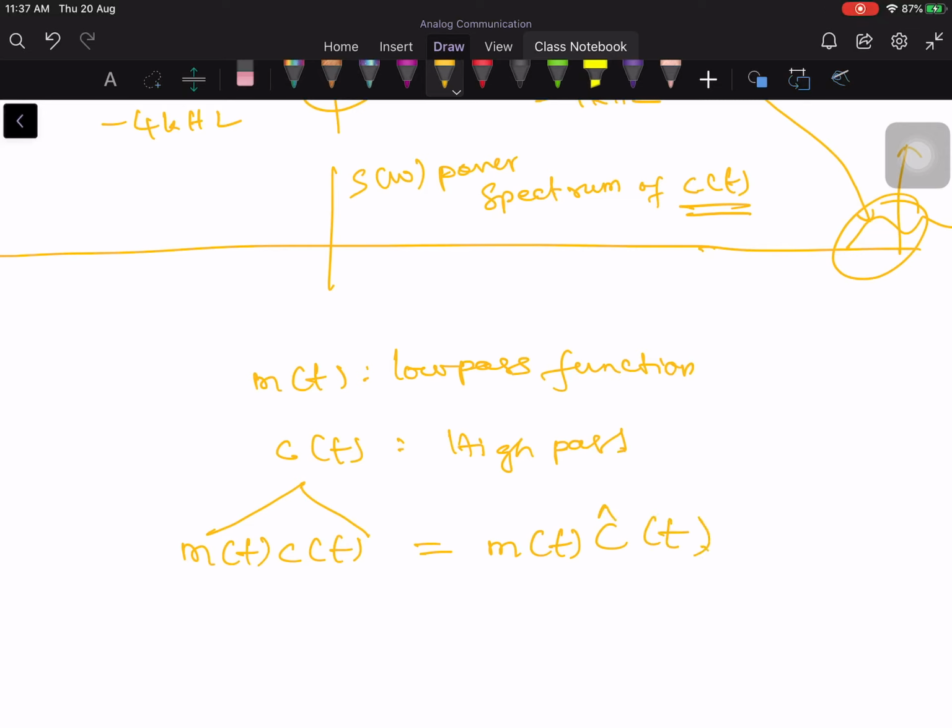So the Hilbert transform of the product of m of t times C of t is equal to m of t times the Hilbert transform of C of t. Let me leave this as an exercise. If it is necessary, then we will discuss afterwards, but it is something that you have to sit down and prove.